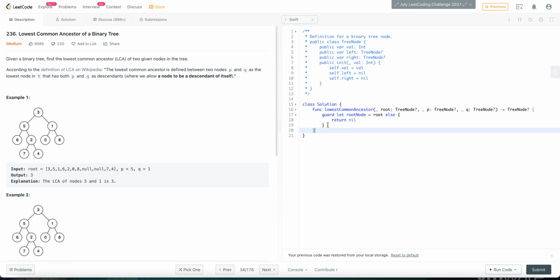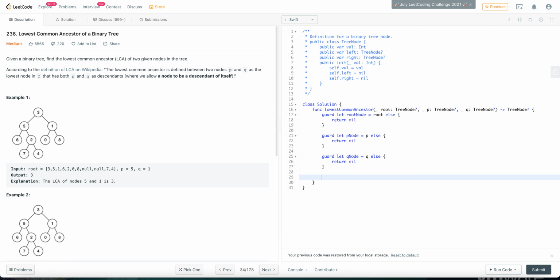And then we will check the pNode: guard let pNode equals p, else return nil, and guard let qNode equal to q, else return nil.